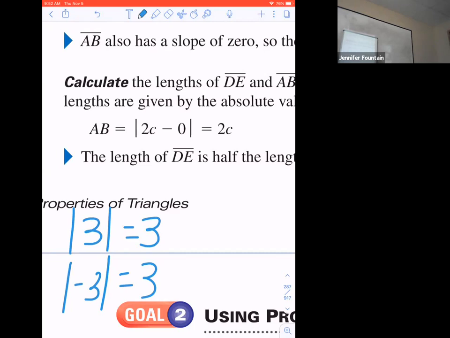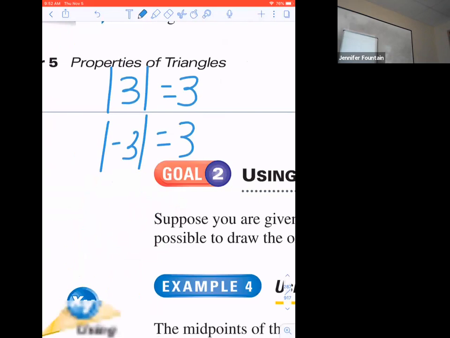Okay? So when I'm talking about distance from 0, it doesn't matter if I'm going to the right or to the left on my number line. I'm going either 3 places to the right or I'm going 3 places to the left. So remember, with absolute value, whatever is inside my absolute value signs, whether it's positive or negative, the distance is always positive.